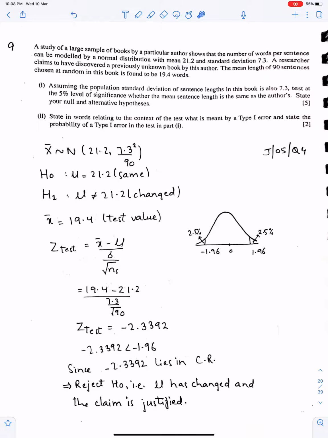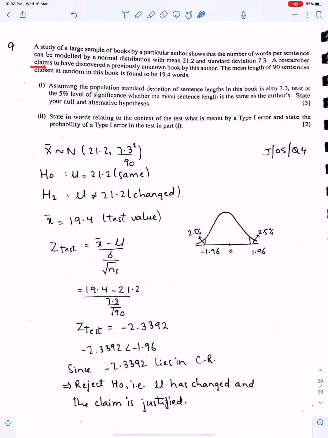Well, in this question, number one, we have to do the testing, and then type 1, type 2, we will leave this part. A study of a large sample of books by a particular author shows that the number of words per sentence can be modeled by a normal distribution with mean this and standard deviation. This is the case A of sampling.